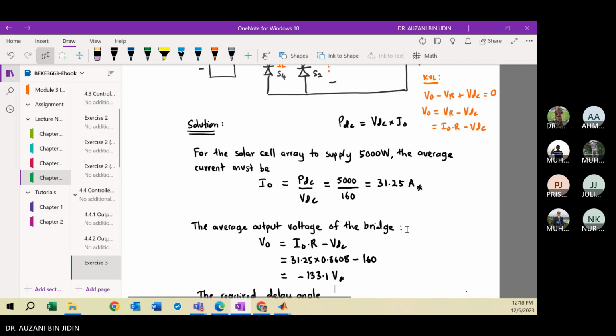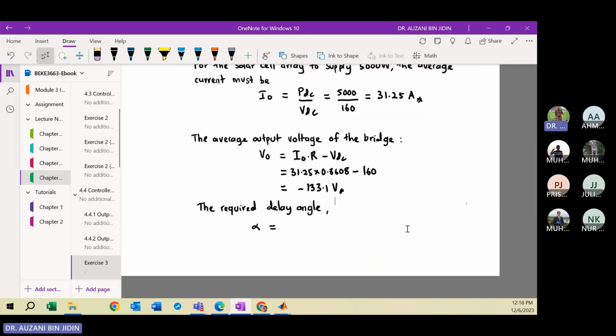Okay, then from the output voltage, you can calculate alpha, the desired firing angle or delay angle. We know that VO is equal to 2Vm over pi cos alpha.